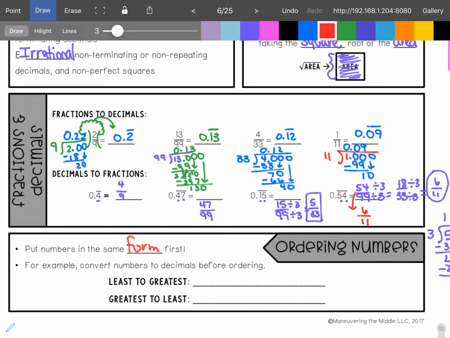So this just says, for example, convert numbers to decimals before ordering. So I would suggest that it's just a little easier if you put them all into decimals first.